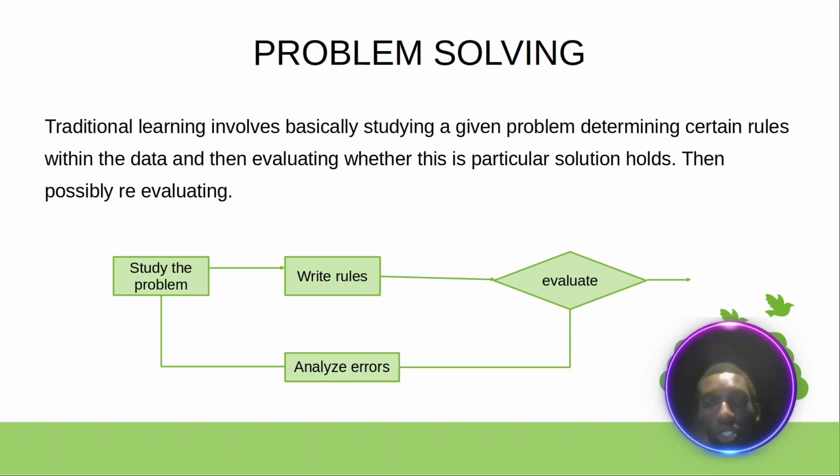If the solution is correct, we would deploy, iterate or improve it. If there is any error, we would analyze the error and repeat the whole process again.